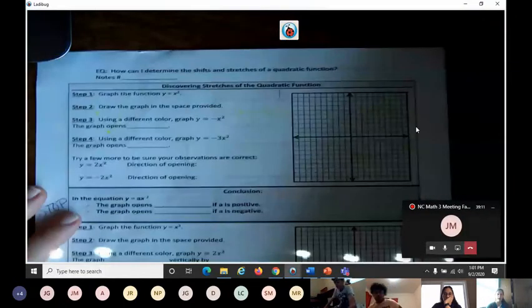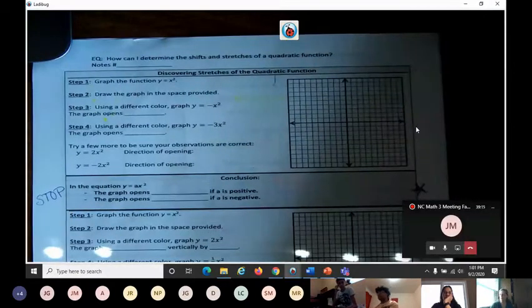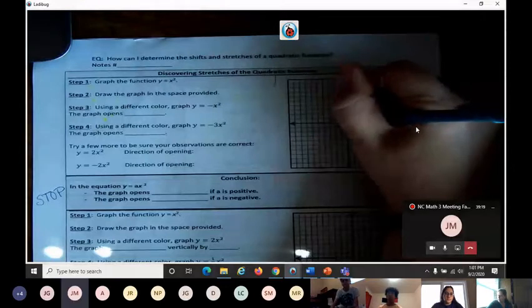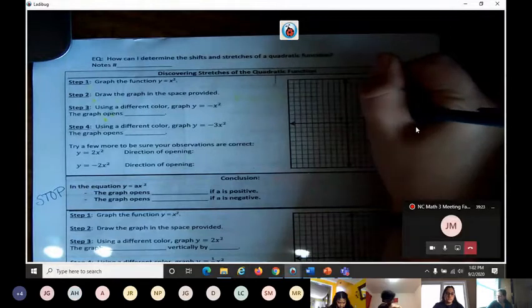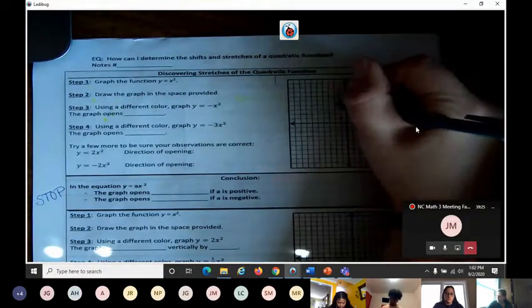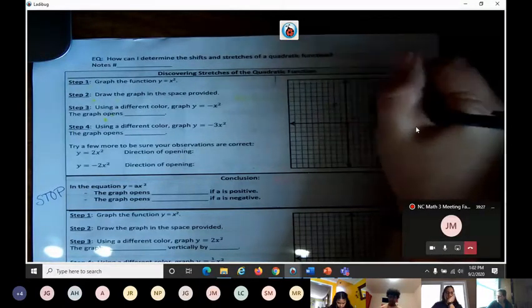Okay, and we're moving on to a new property of quadratic functions. So first it says to graph the function y equals x squared. We know what the function y equals x squared looks like from the previous problem, so we can plot a few of those points.